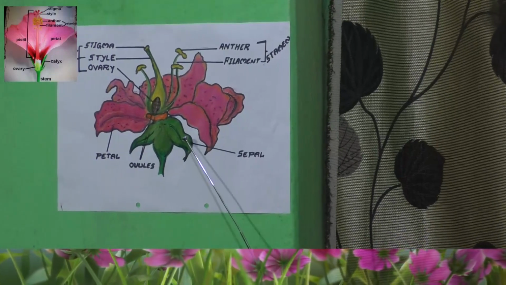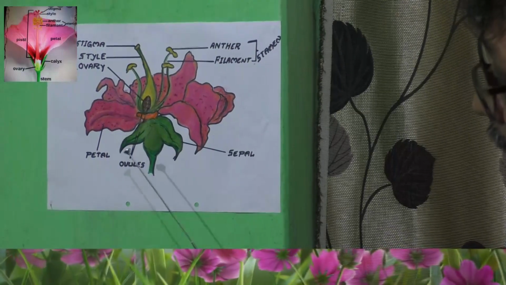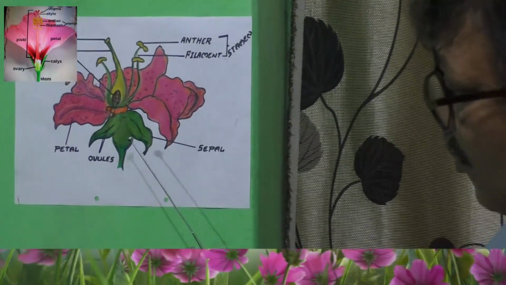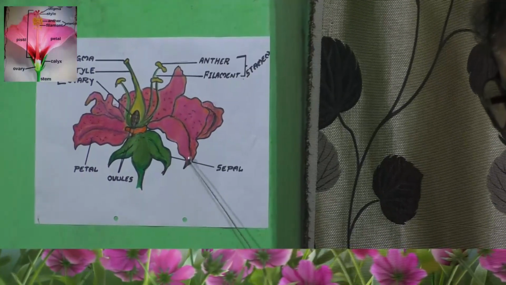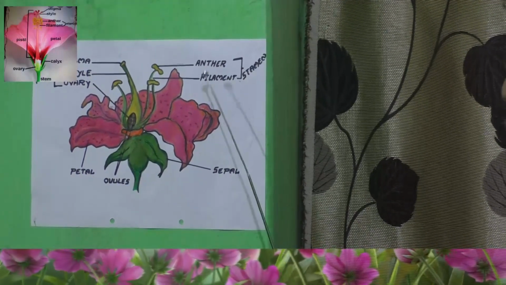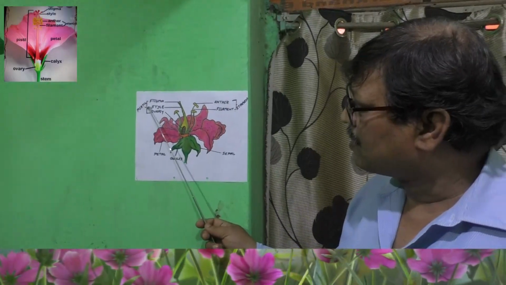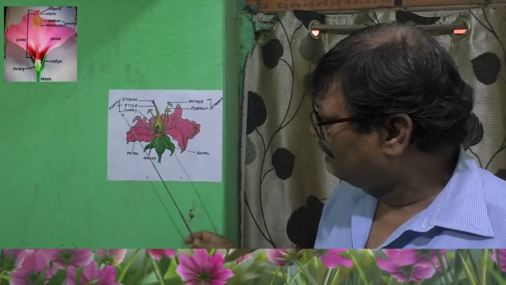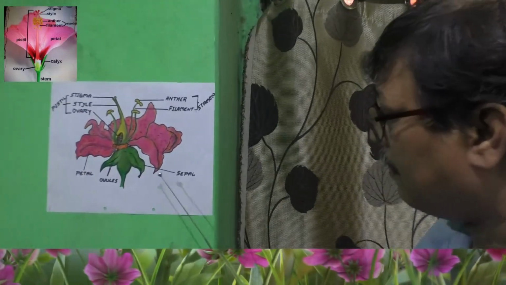And now at the bottom you can see this one is the petal, and these leaf-like structures you have seen here, I have already shown, that is the sepal. So stamen, the male reproductive part, pistil, the female reproductive part, this one is called petals, and that one is sepal.